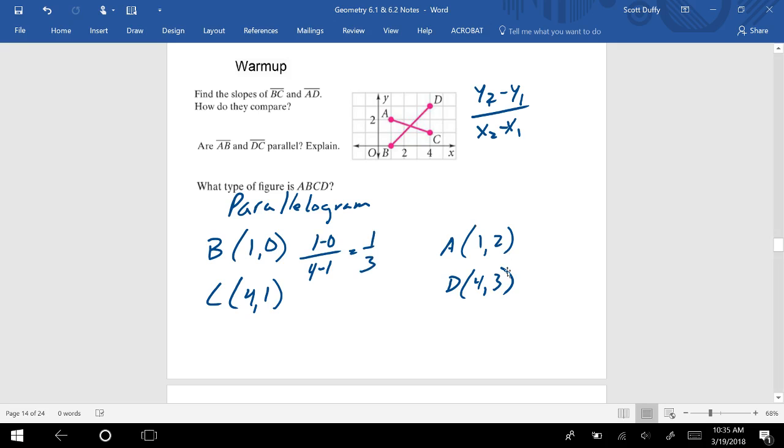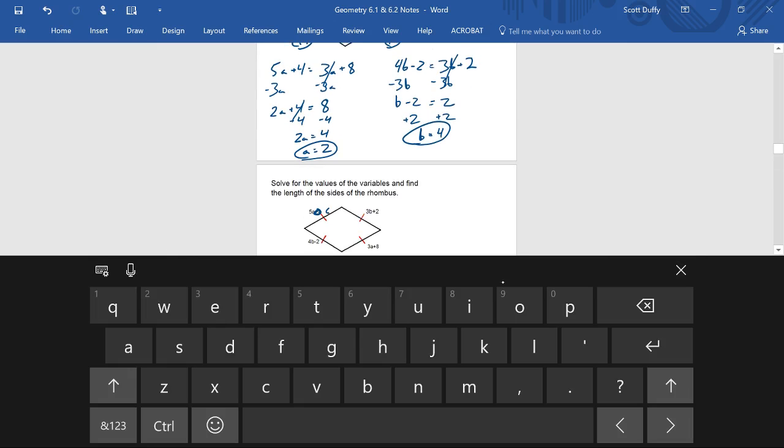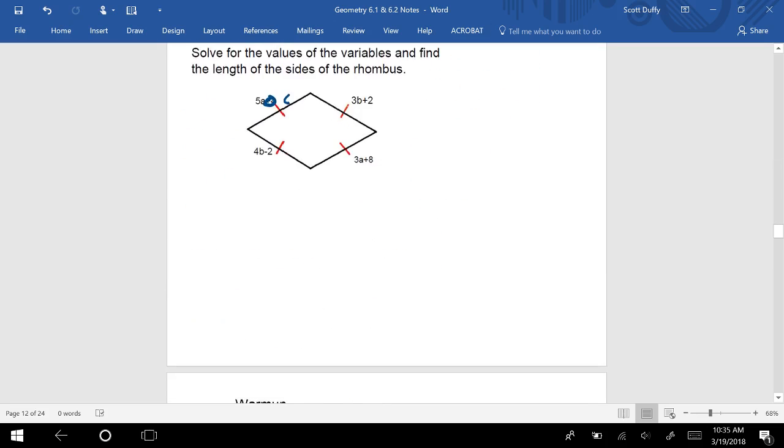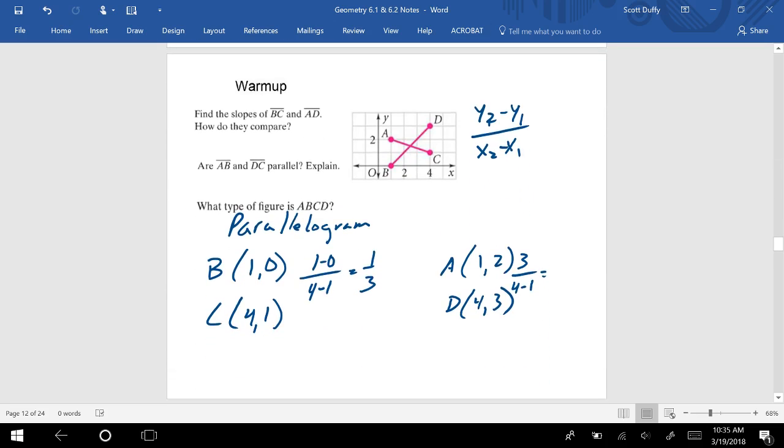Do the same thing over here. Second y minus the first y, 3 minus 2, over second x minus first x, 4 minus 1, so 1 over 3 also.